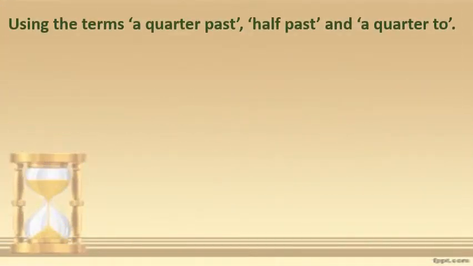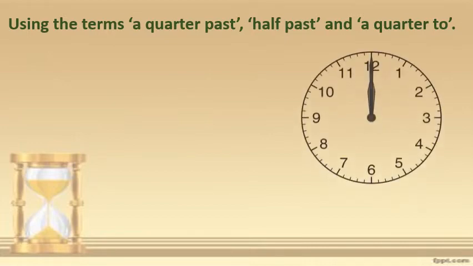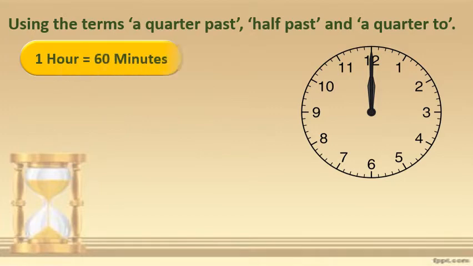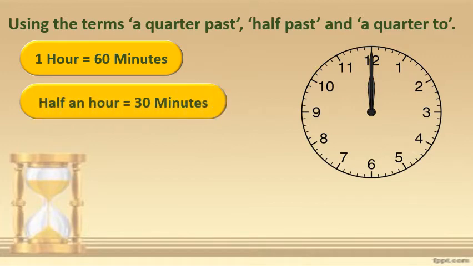Students, now we will go through the time language, that is a quarter past, half past and a quarter to. Okay, see, this is a clock, right? You know, dear students, that 1 hour is equal to 60 minutes, isn't it? Now we will do half hour. What is the meaning of half hour here? Half hour means 60 divided by 2. That is half of 60 is nothing but 30 minutes, isn't it? Now we will make half of half.